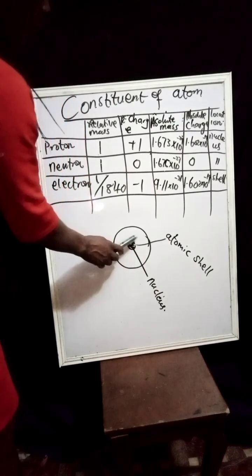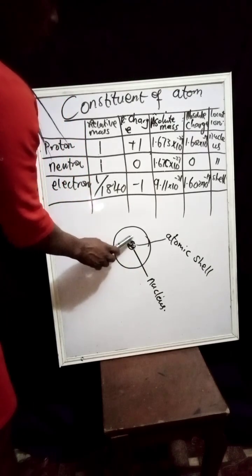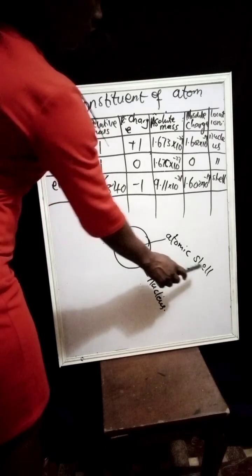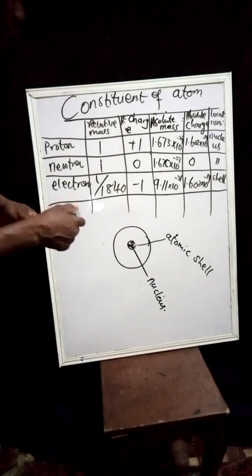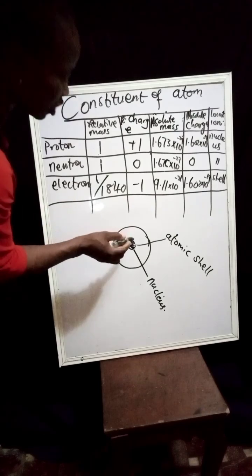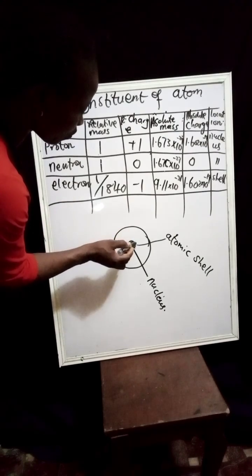Then this line is what is called the atomic shell. Remember we said that the electrons revolve around the shell. So it means the electron is revolving around this shell.